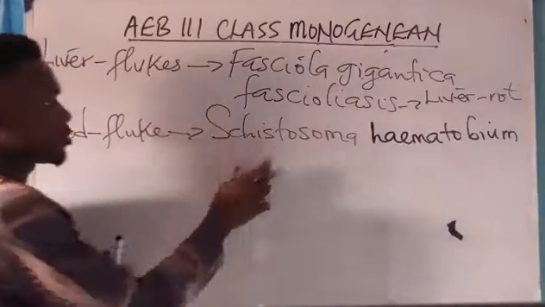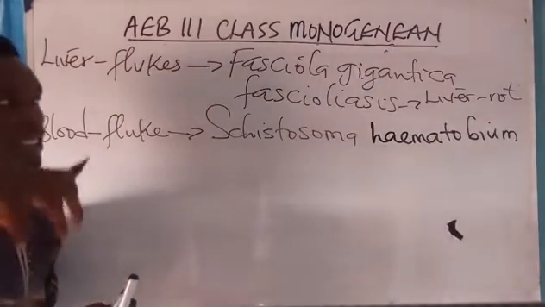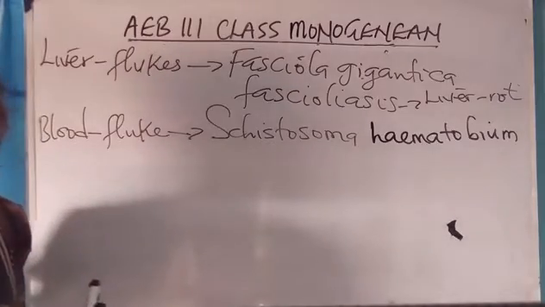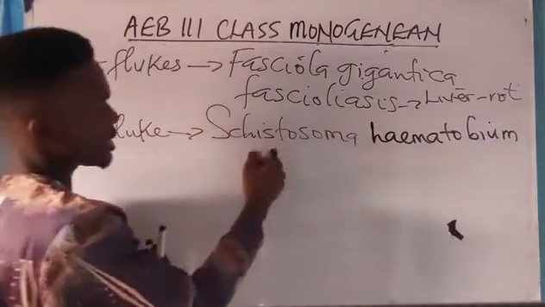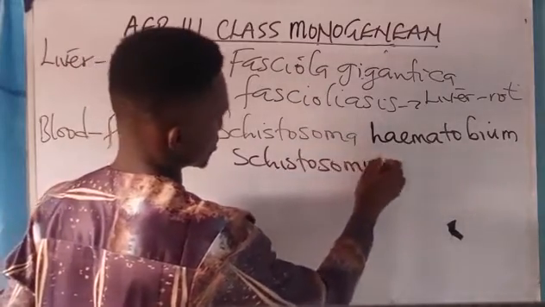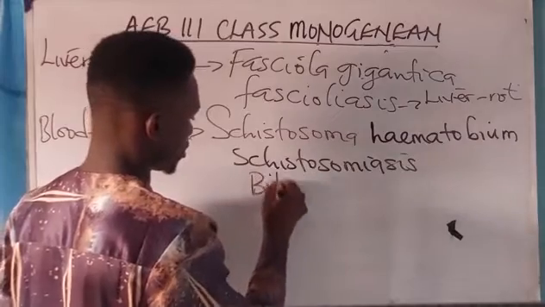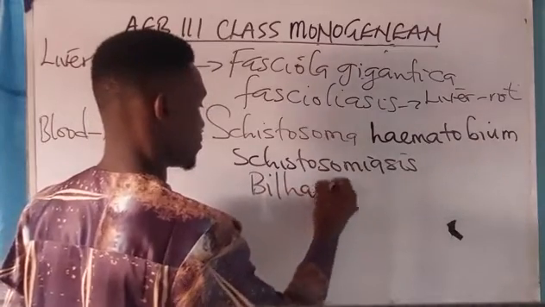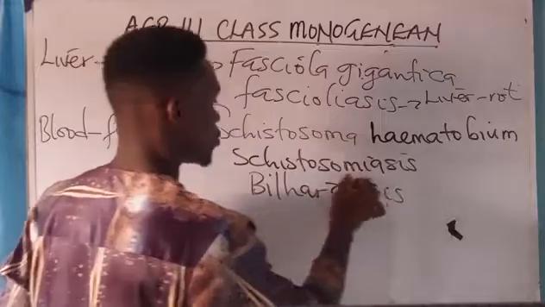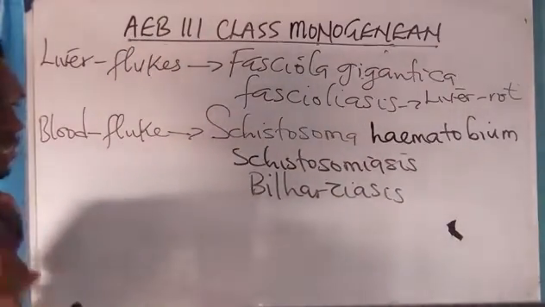This one is actually called blood fluke, because Schistosoma japonicum is found in the bile duct or urinary what? Bladder. Now it causes a disease called what? Schistosomiasis or bilharziasis. Take note of that.